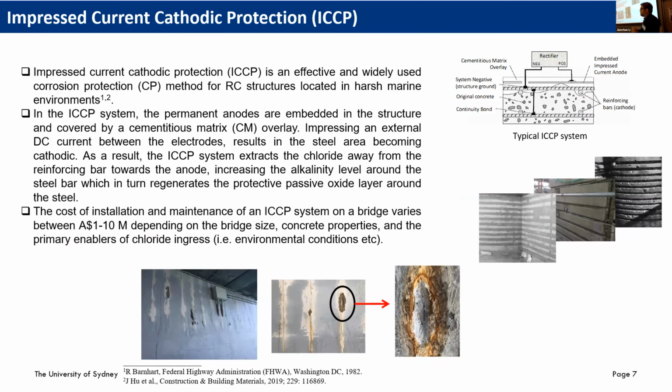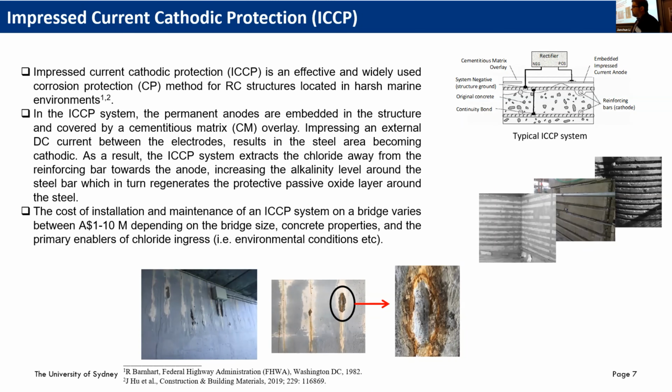That is almost the most successful method in taking chloride ions away from the reinforcement and increasing the alkalinity of the concrete around the reinforcement, so protecting the reinforcement from further corrosion.